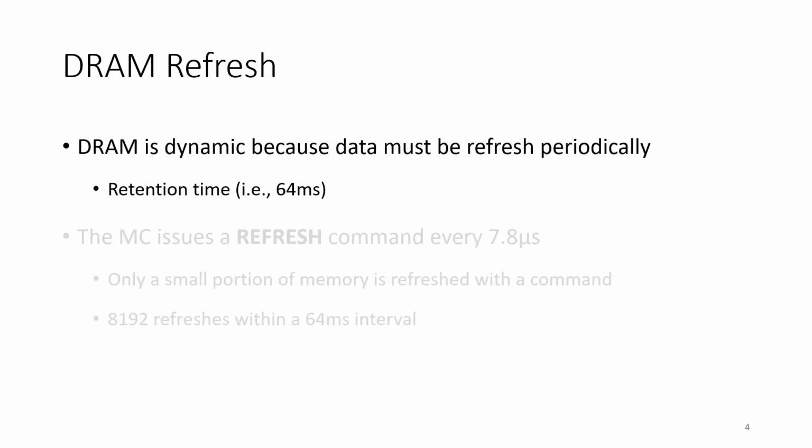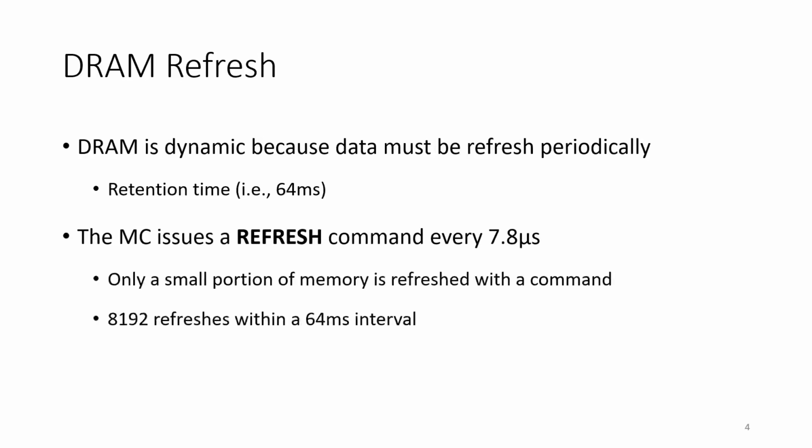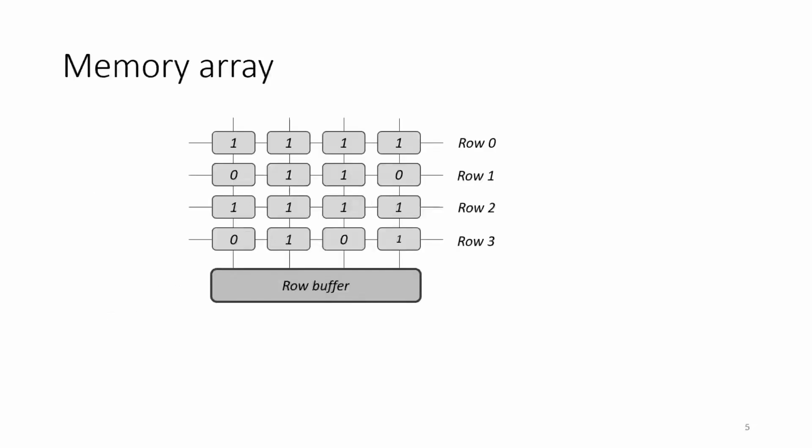However, the memory controller issues a refresh command every 7.8 microseconds, and each refresh command refreshes only a small portion of the memory. We can represent memory as an array of cells organized in rows, and each cell represents a bit of information. When the memory controller wants to read data from a row, such a row must be copied in a buffer called row buffer.